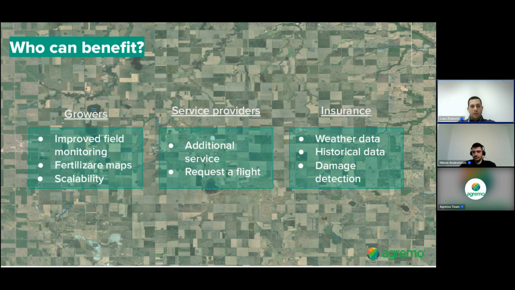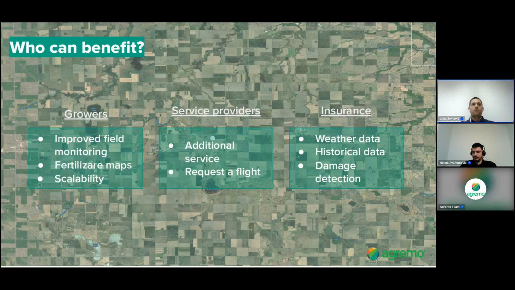And the third component, the insurance company, we have the weather data, historical data, combined with our damage detection analysis. So the insurance companies can now optimize and better manage the insurance claims. With the weather data, they will know whether there is a hail or strong wind or floods in those particular fields, so they can send the damage assessor to do their job.